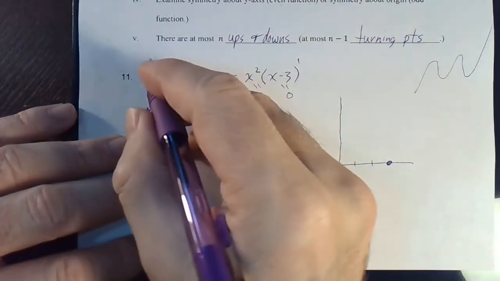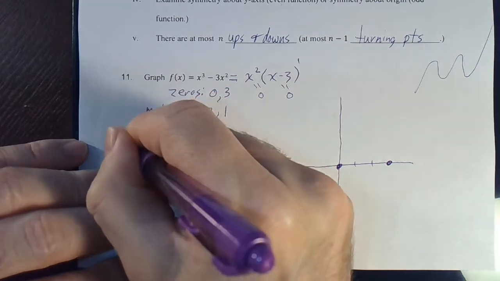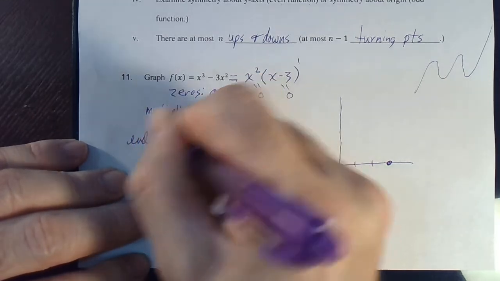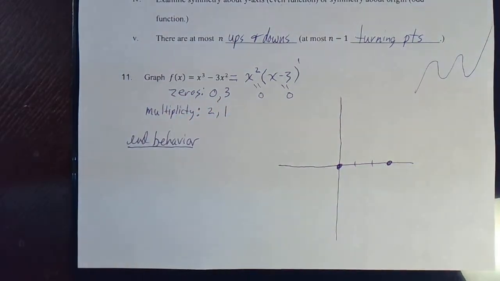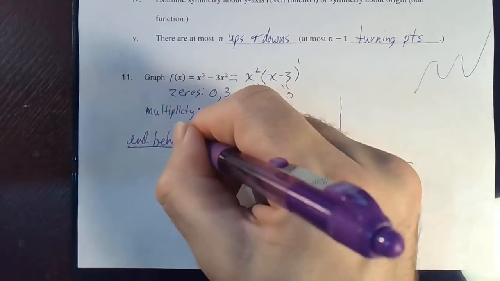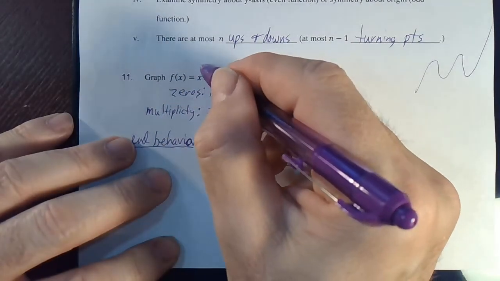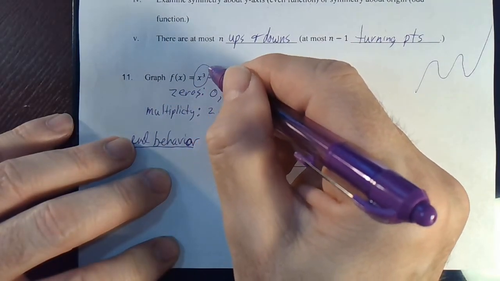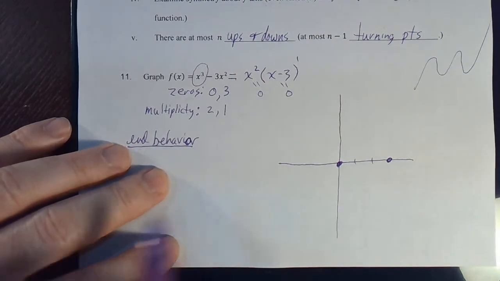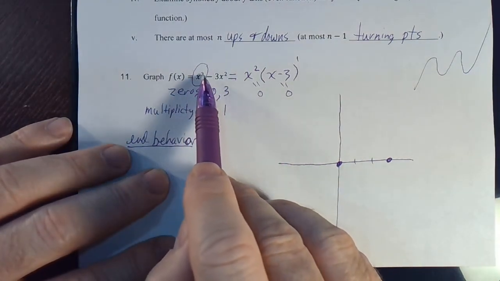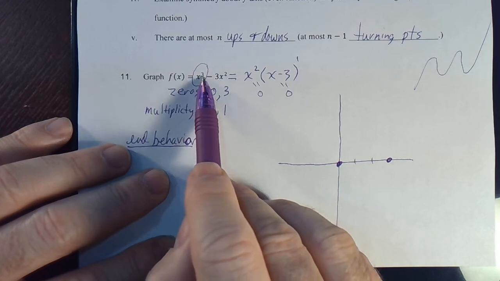Okay, so let's do the end behavior. Learn how this can help us so that we don't have to plot so many points. The end behavior, we look at the leading term and use the leading coefficient test. The leading coefficient is positive and the degree is odd.